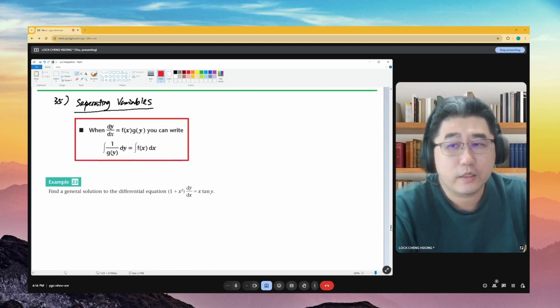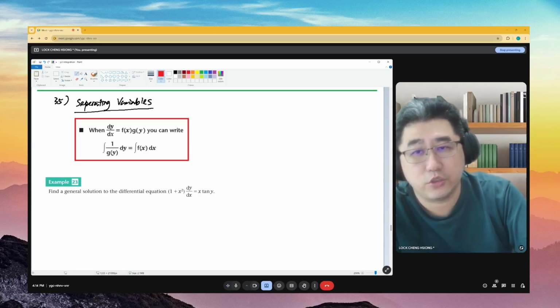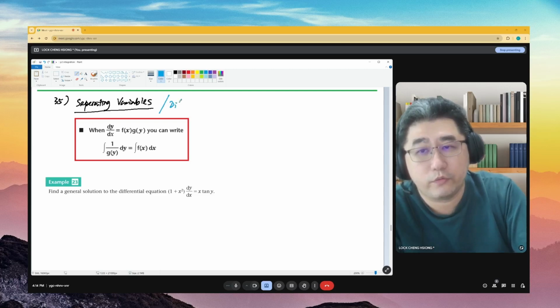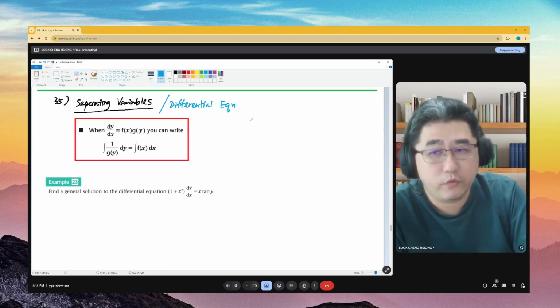The last technique is called separating variable. This is your differential equation. This differential equation is in the form of dy dx equals to something x times something y. Then we actually can separate them into y together, x together.